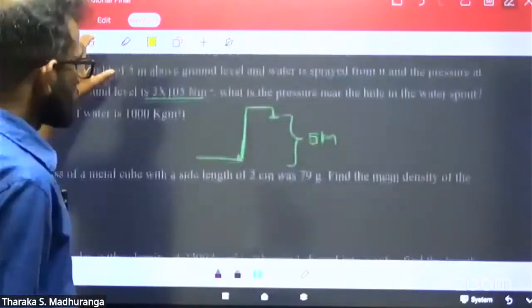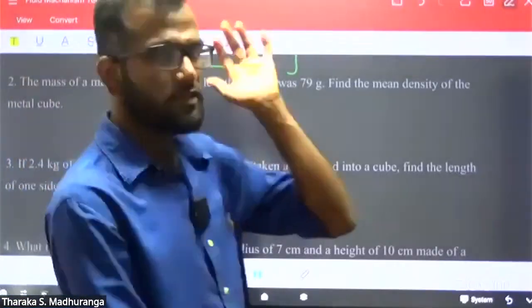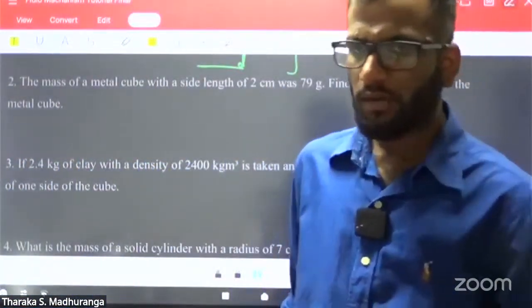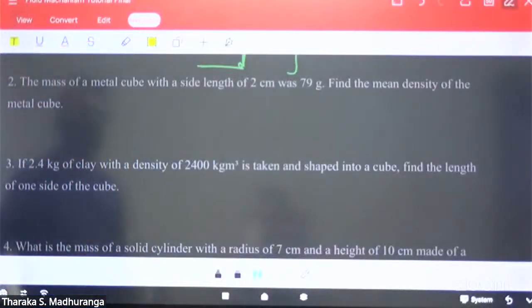Okay, the first part is completed. First question. After that, you have very simple questions. The mass of the metal cube with a side length of 2 centimeter was 79 gram. Find the mean density of the metal cube.